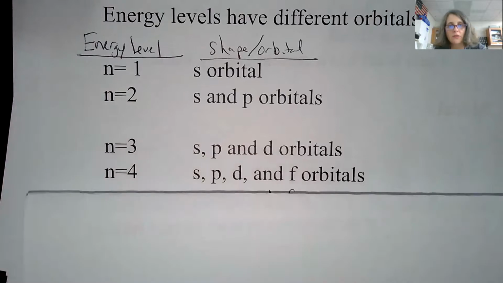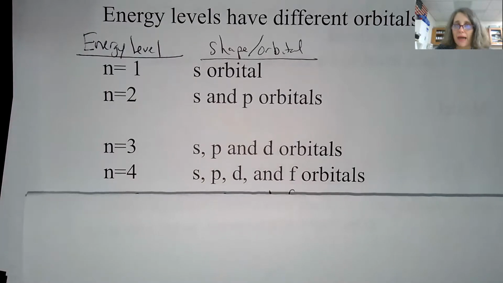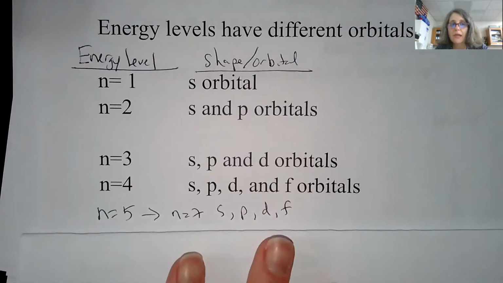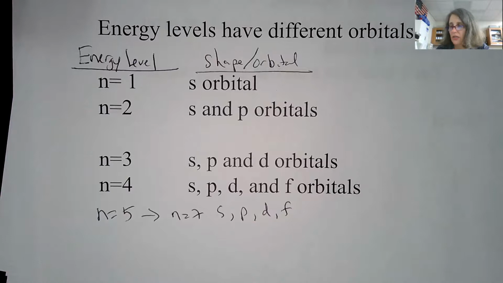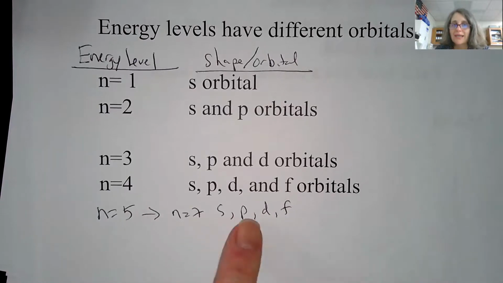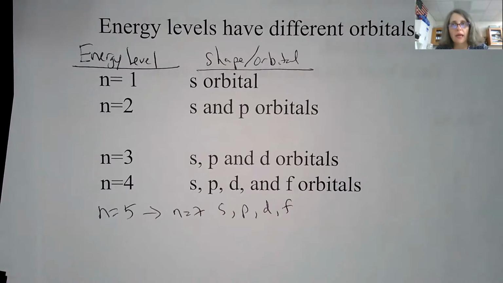And then the fourth energy state would be s, p, d, and f, and that's where we stop, essentially, with adding new orbitals. But realize that we have 3 other energy states. We have energy states 5, 6, and 7. And they all have s, p, d, and f orbitals. We, again, don't know where the g is going to go yet, or they might know, I just don't know myself. So these are going to be the repeating pattern over and over again.